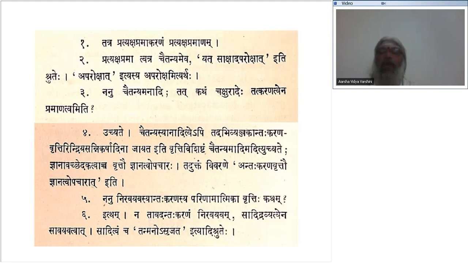For example, a pot is not there before the creation of the pot. When the potter then starts creating the pot with the mud and the wheel and all that, at some point in time, the pot becomes, like it was not there, it is there now. In one kshana, the pot is not there, the next kshana, it gets created. That means a non-existent pot came into existence.